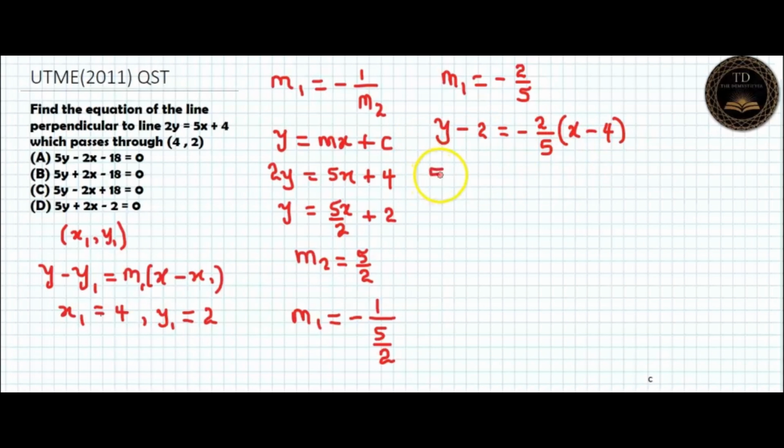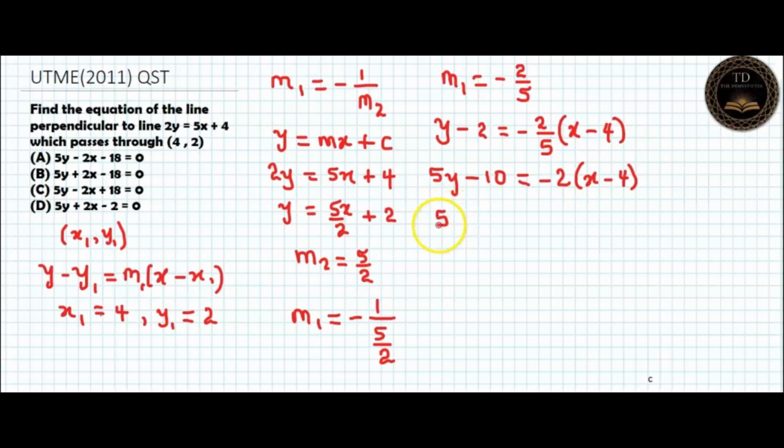So we'd have 5y, multiply this by 5, you have 10, equal to, multiply this by 5, you just have minus 2 left, into x minus 4. Remember, you're not to use the 5 to multiply what is inside here. Okay, that's not necessary, because the relationship between this, they are multiplying, so this is like a single term. Okay, in this case, so you just multiply this by 5. All right, so that clears up the 5.